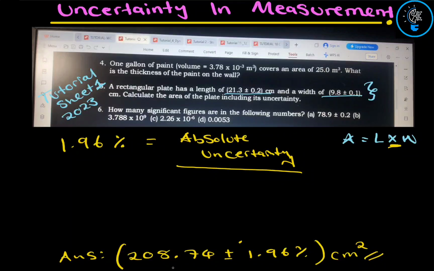So we know that our central value is 208.74 times 100%.